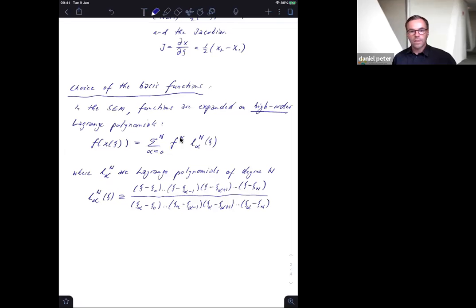And what are these psi alpha? These are just the nodal points.